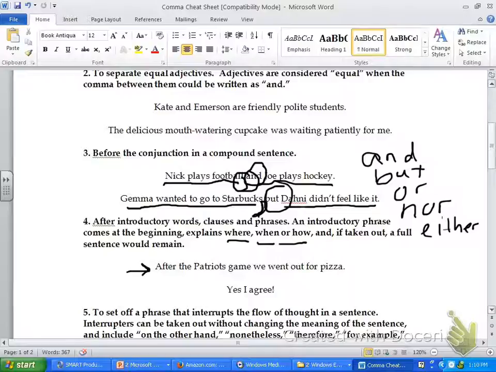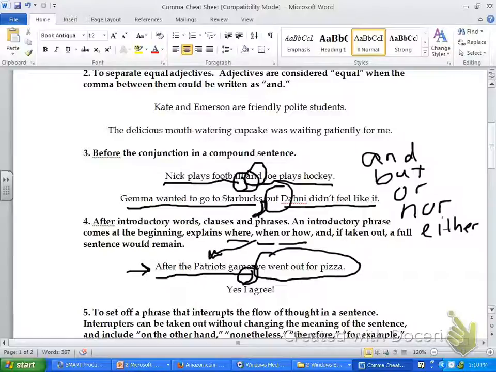Here's my introductory phrase. We went out for pizza could stand alone as a sentence. So I need a comma after the Patriots game. This is our introductory phrase that tells us when. After the Patriots game, comma, we went out for pizza.